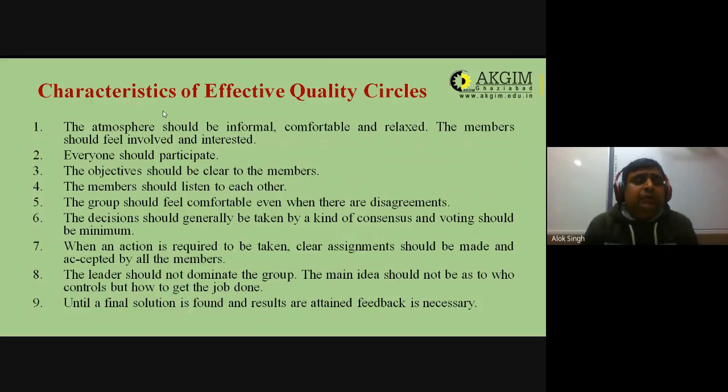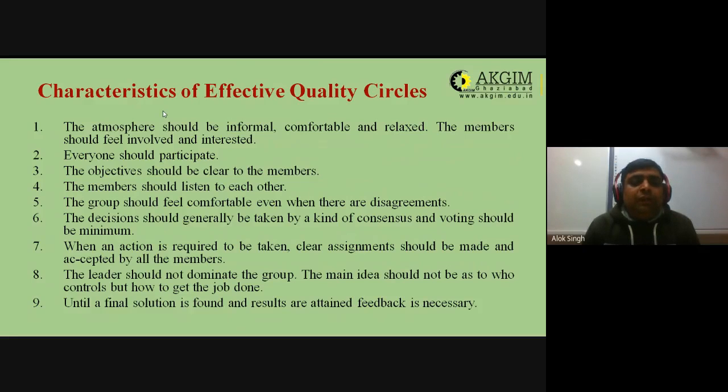The objective should be clear to the members. The objective of drafting the quality circle should be clear to each and every member of your team, and the members should listen to each other. Not only speaking, but members should be able to listen to each other also, so that you may note other employees' points also. Next, the group should feel comfortable even when there are disagreements.